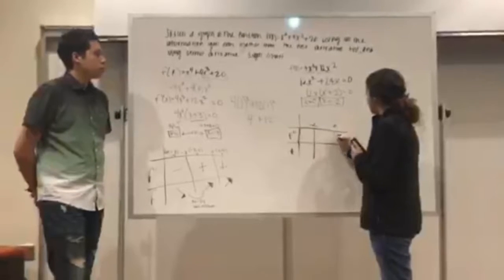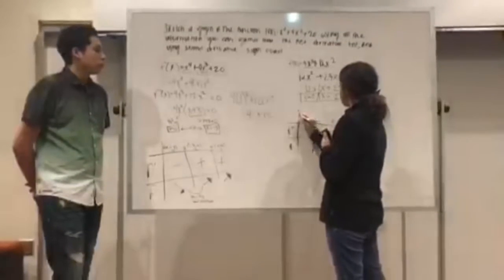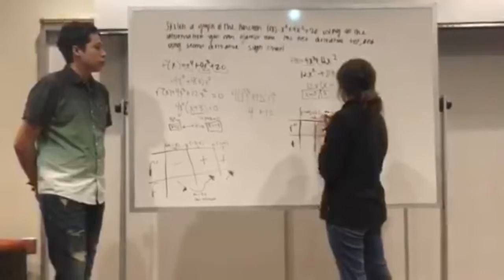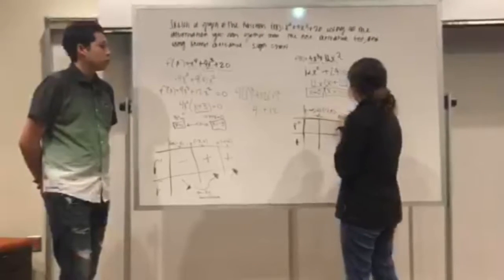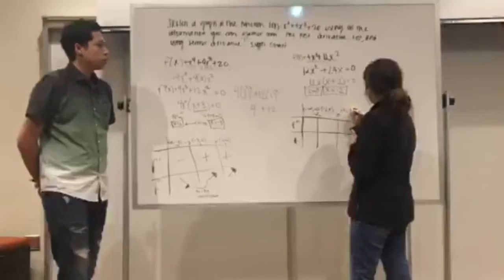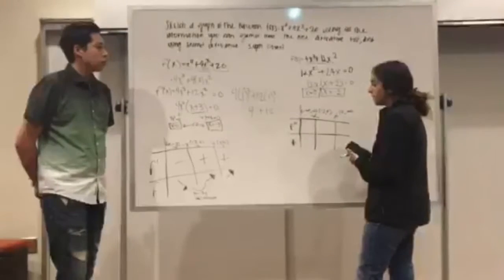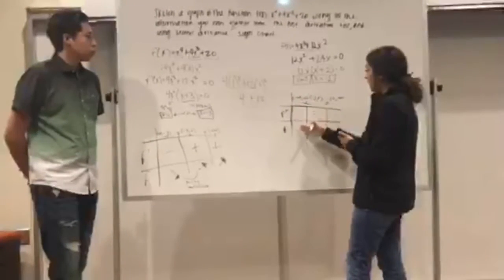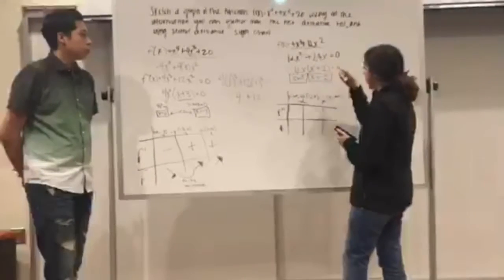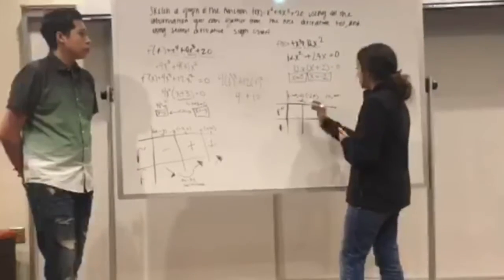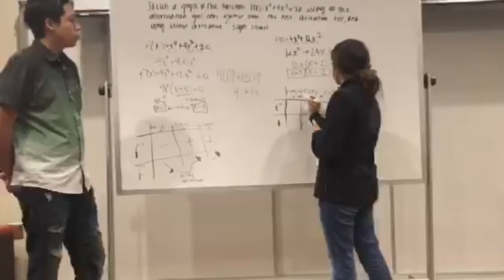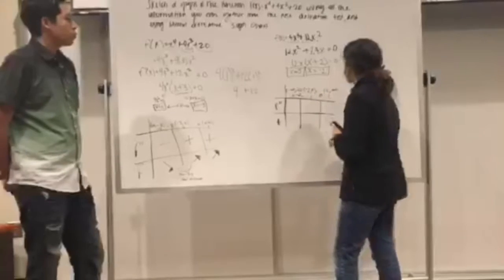So draw a line, and then you'll write your intervals: negative infinity to negative 2, negative 2 to 0, and then 0 to infinity. Then you're going to repeat the same process, substituting a number in each interval into the function. So here we can use negative 3, here we can use negative 1, and here we can use 1.